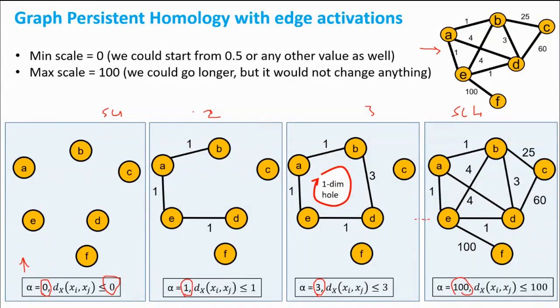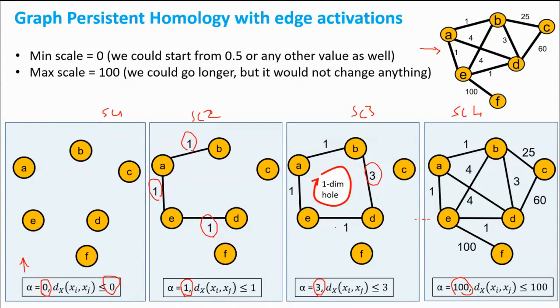In the second simplicial complex, we increase the threshold to 1, and now you will see that 3 edges are activated. This one, between A and E, and between E and D are activated. In the third simplicial complex, we will increase the threshold to 3, and furthermore, a 4th edge will be activated, but nothing else.